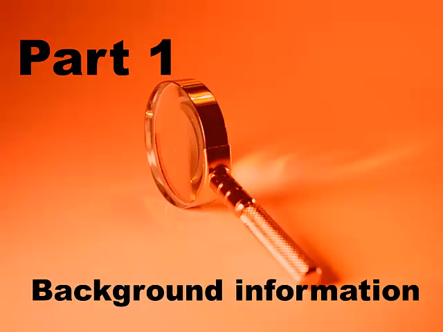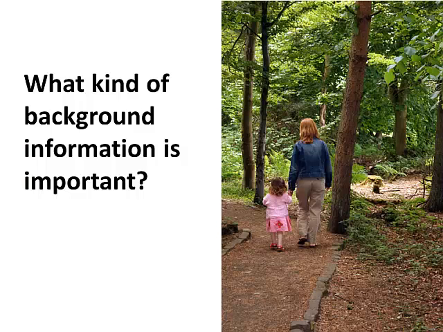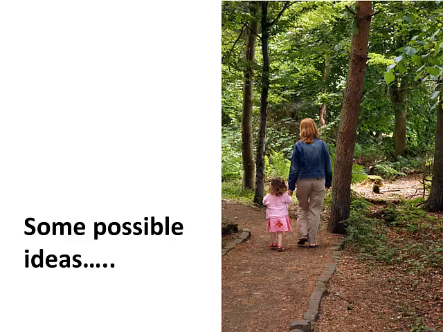So let's go through this in order. Part 1 then, background information. Now, you might be asking what kind of background information is important. This doesn't have to be very personal information. My learner has red hair and likes to walk in the woods. Not particularly important. So what kind of things are important?